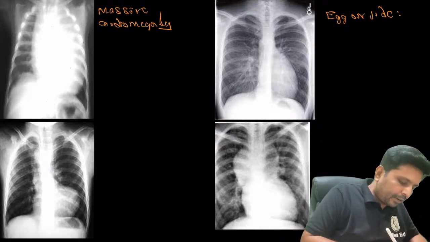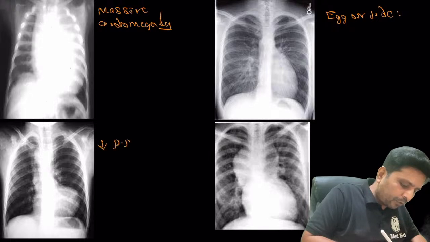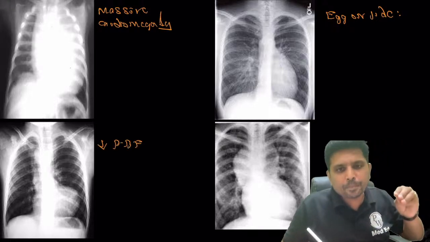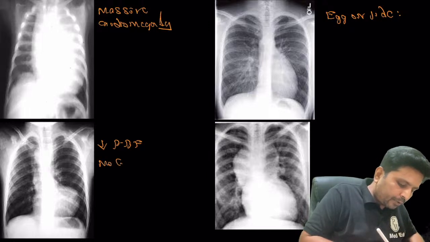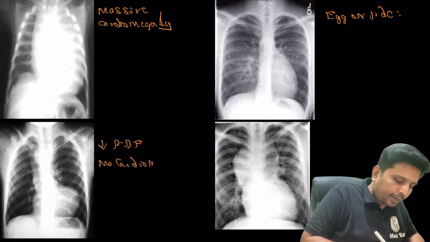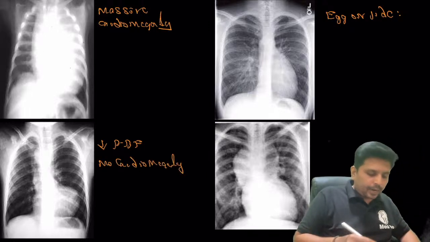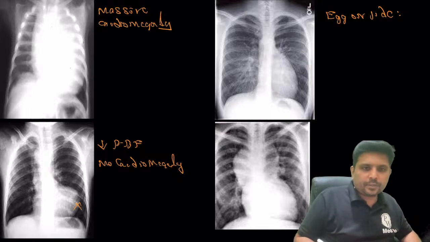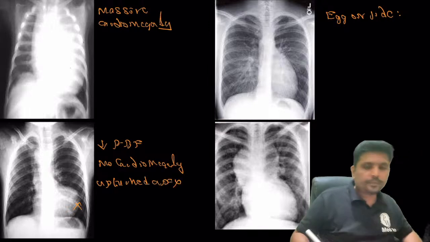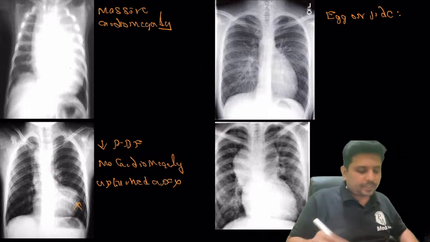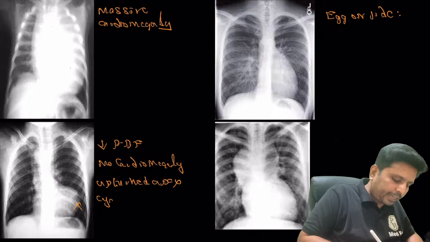Here I have reduced pulmonary blood flow because I could see the lung properly, and there is no cardiomegaly, and you have a tilted, upturned apex, and the child is cyanotic.